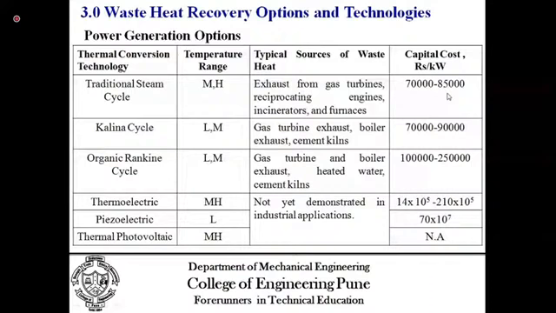Kalina cycle, some of you might know, is similar to a Rankine cycle. In the Rankine cycle, as you know, condensation takes place at constant temperature and constant pressure, and only one fluid is used. The Kalina cycle is a binary fluid system wherein the phase change does not take place at constant temperature and pressure, but there is an increase in temperature.